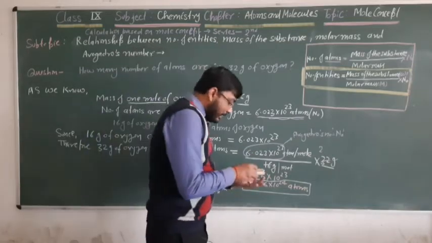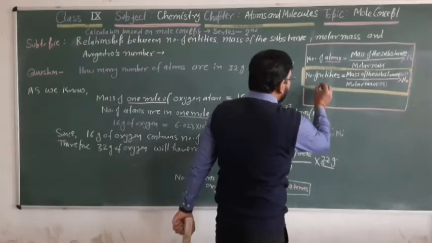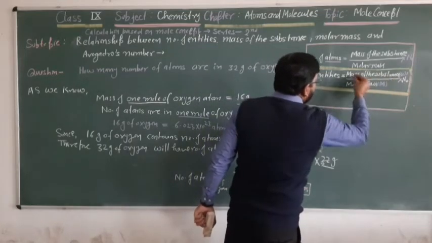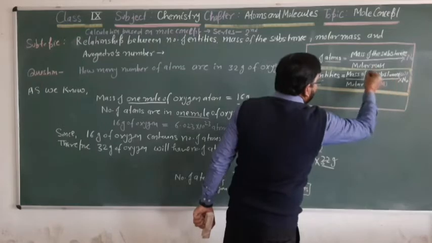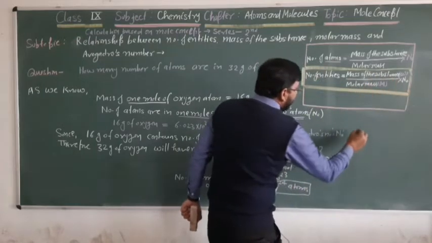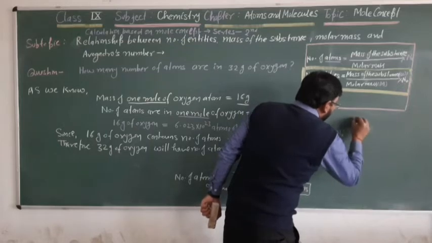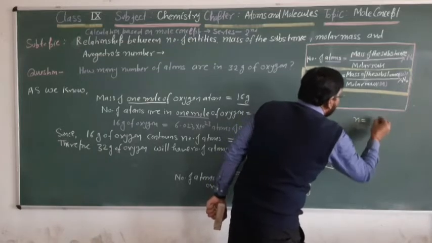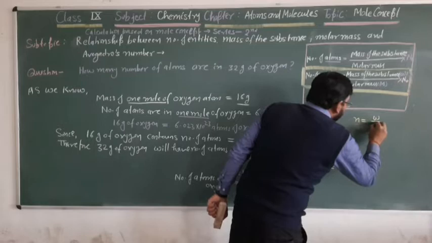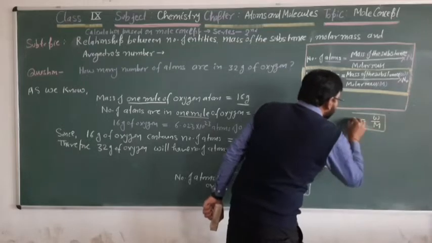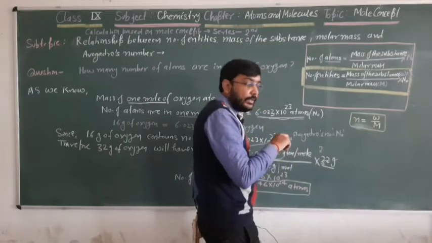Now we can write one more thing. If you remember, we calculated number of mole, n, is equal to mass of the substance W by M. This relation we derived in the last video.